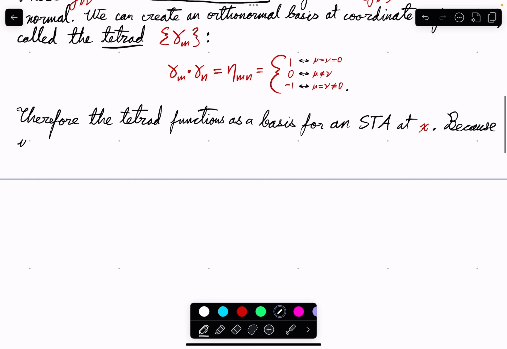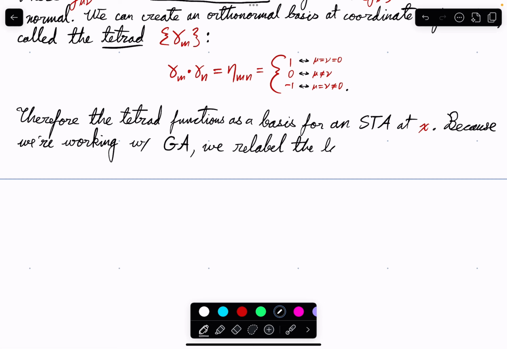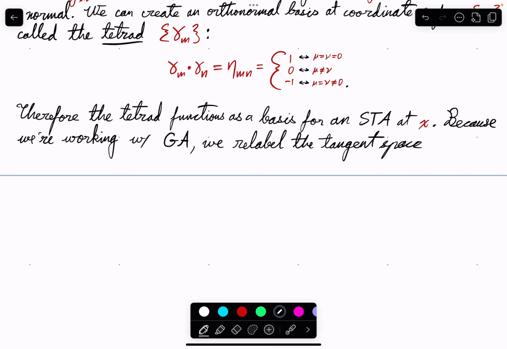Because we're working with a GA, we relabel the tangent space as the geometric tangent space.